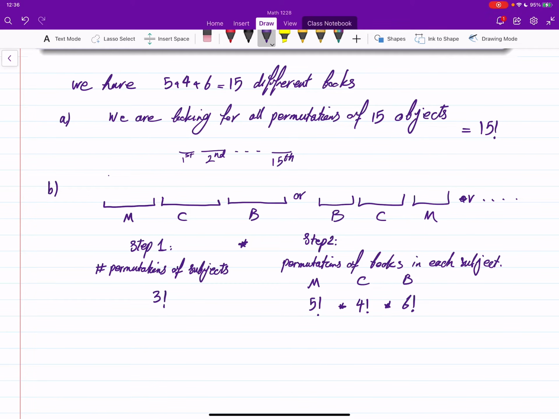By the fundamental counting principle, the number of this is going to be 3 factorial times 5 factorial times 4 factorial times 6 factorial. And here we go. We break down our problem into different permutations, and we find the number of ways we can arrange these books on the shelf.